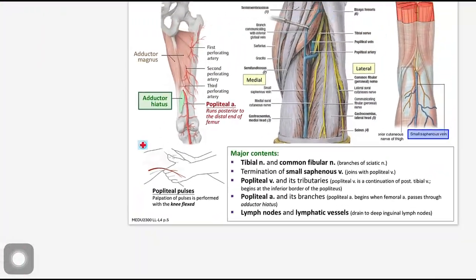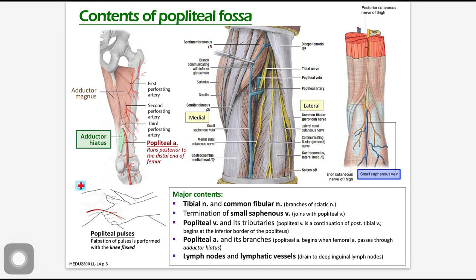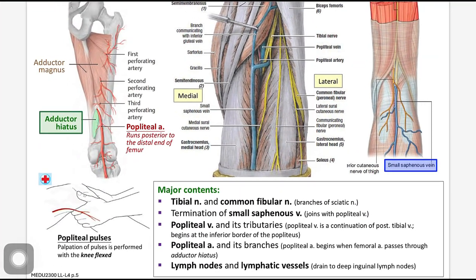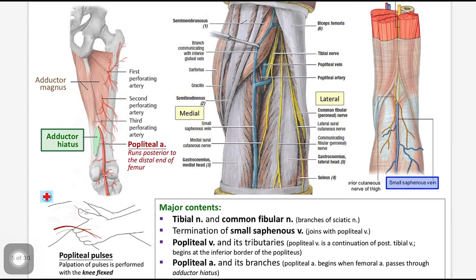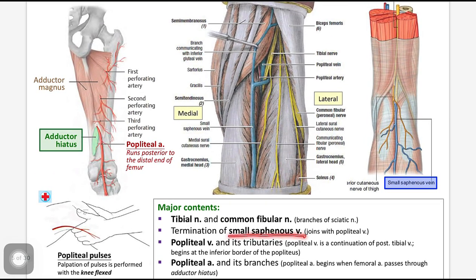Okay, good. Now the major contents. The major contents here are the tibial nerve, and also, this one is not very obvious, the common fibular nerve, the branches of the sciatic nerve, and also we have the small saphenous vein. This small saphenous vein will drain from the superficial layers into the popliteal veins.